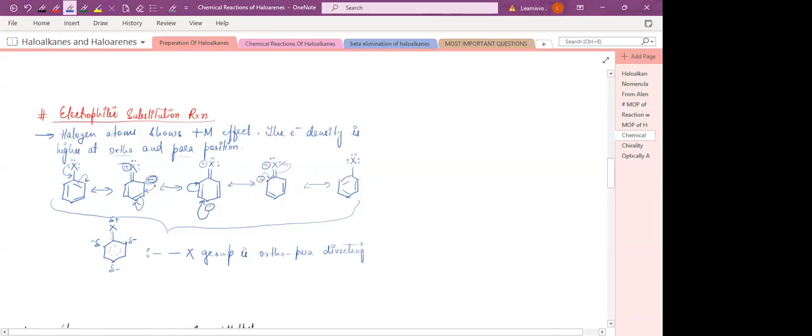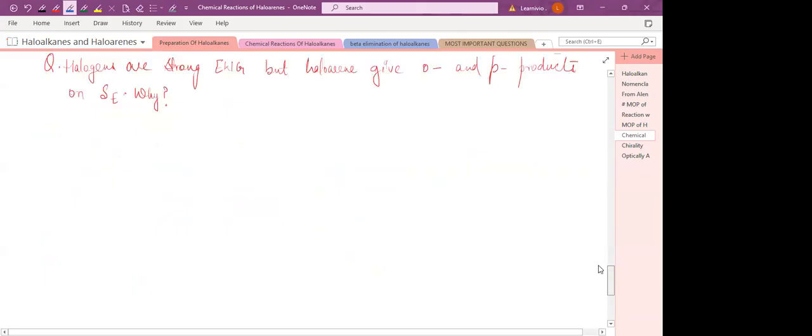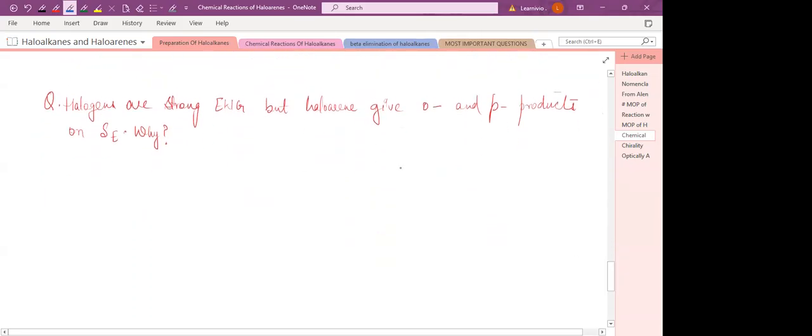Again the ortho position. So due to the resonance, the electron density increases at ortho and para position. That's why in electrophilic substitution you get the ortho and para product. Clear?